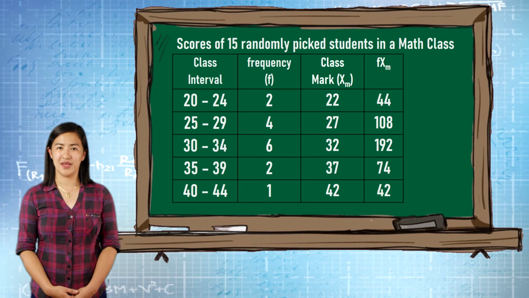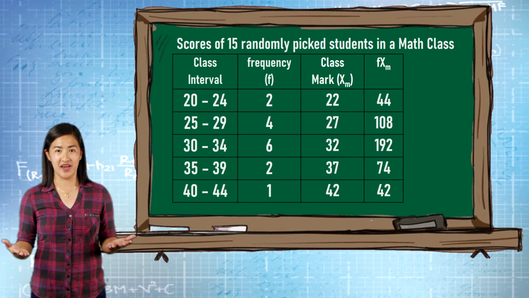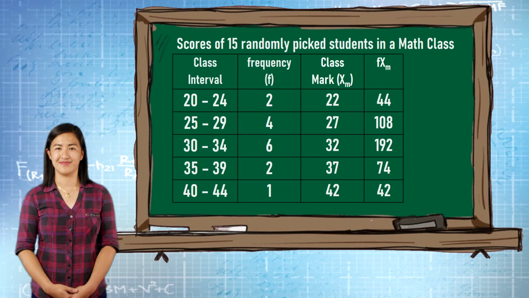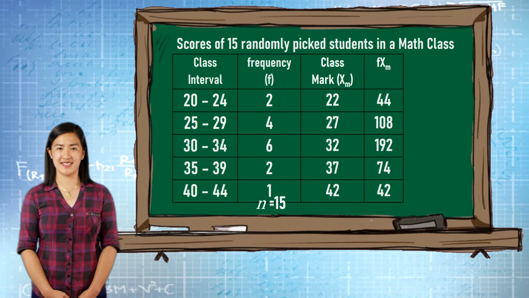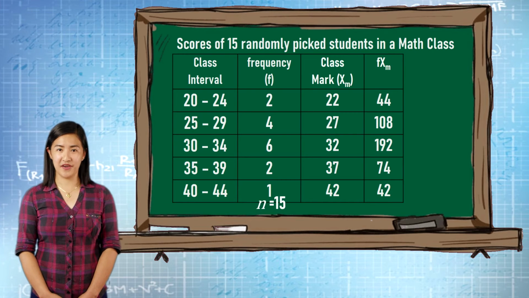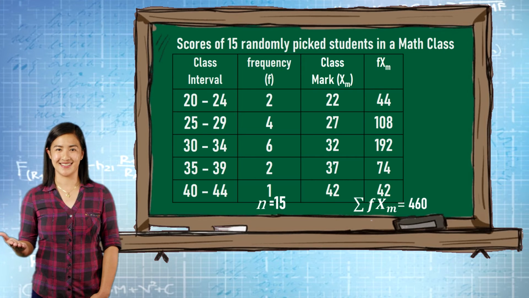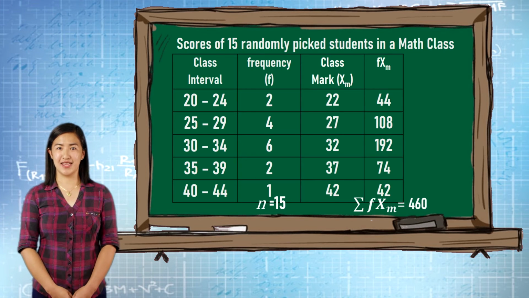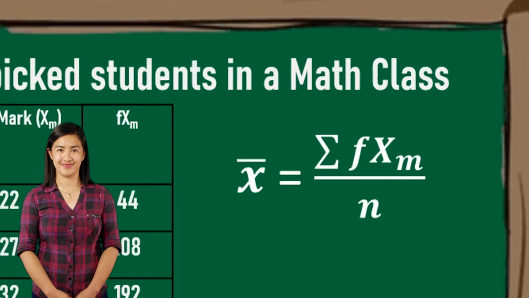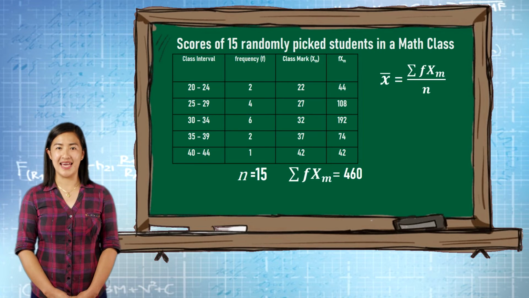Our last step is to find the total frequency and the summation of f times x sub m. The total frequency is 15. The summation of f times x sub m is 460. Then we use the formula in getting the mean. We substitute the given values to the formula, then perform the operations.